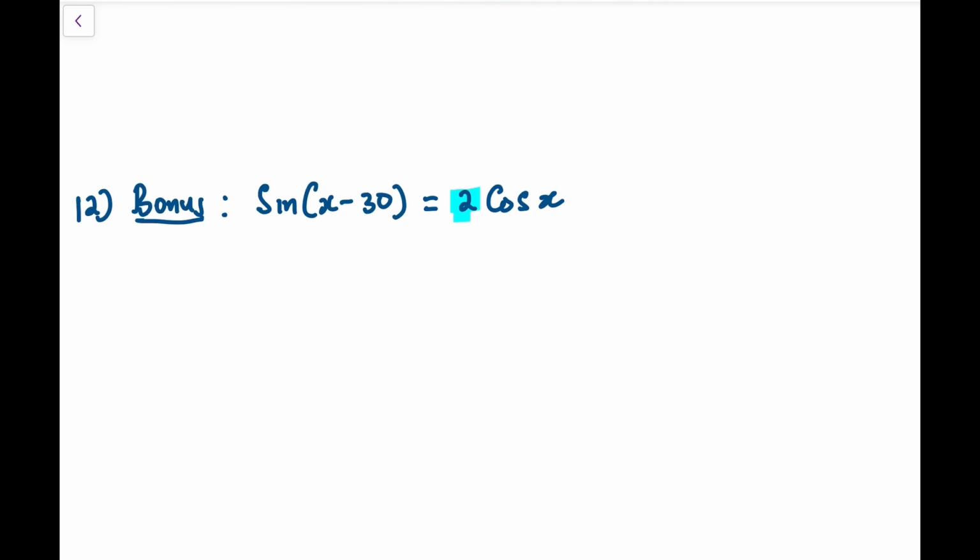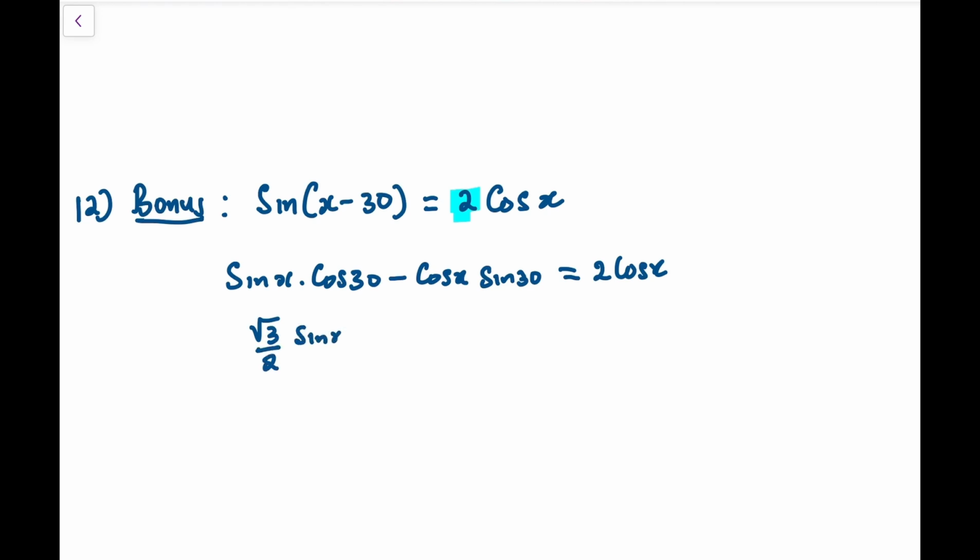If we expand this, this is a compound of sine, so it is sine x multiplied by cos 30 minus cos x multiplied by sine 30 is equal to 2 cos x. Now, I change these special angles. So cos 30 is √3/2 sine x minus sine 30 is 1/2 cos x. This is equal to 2 cos x.